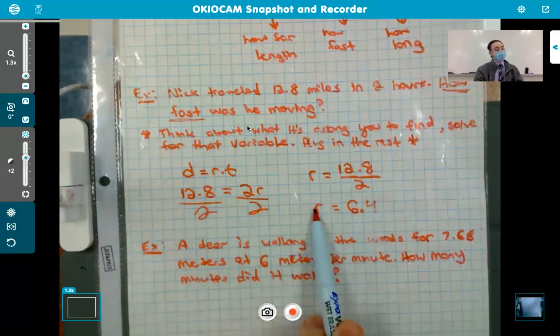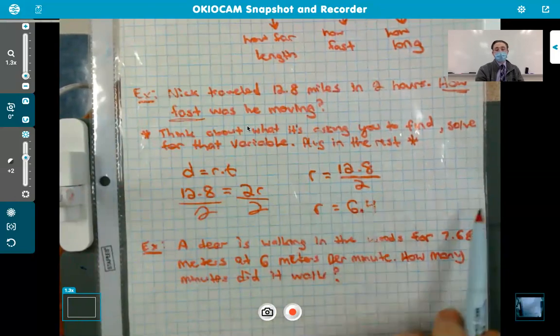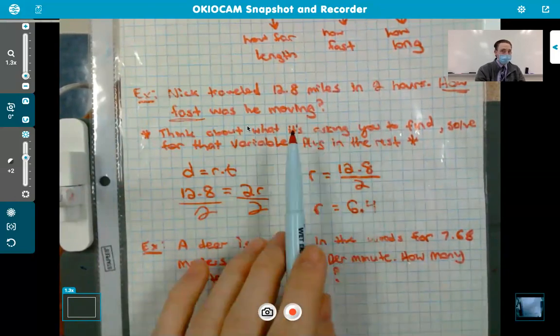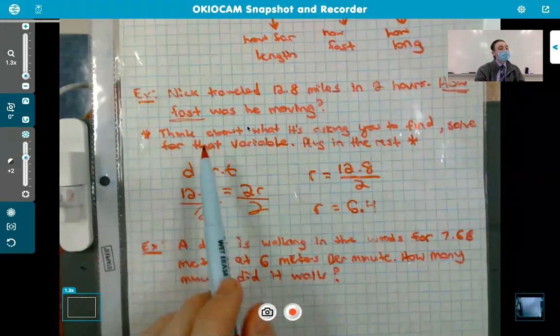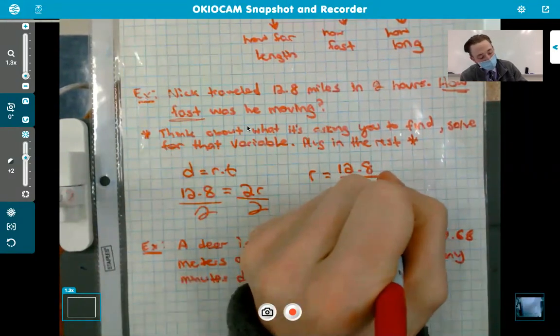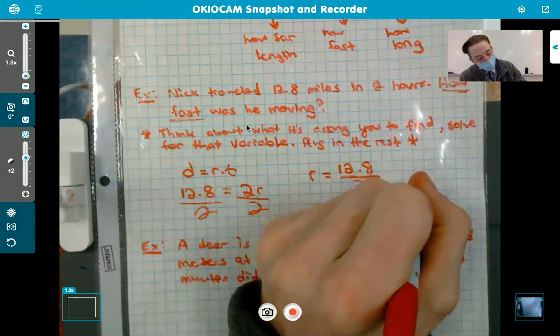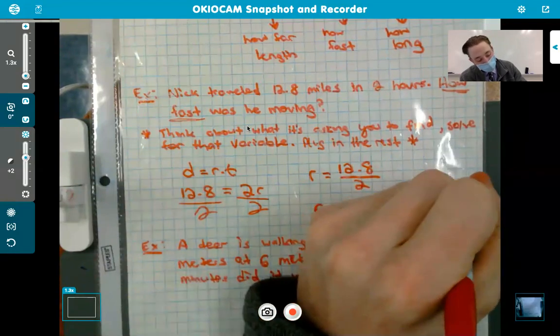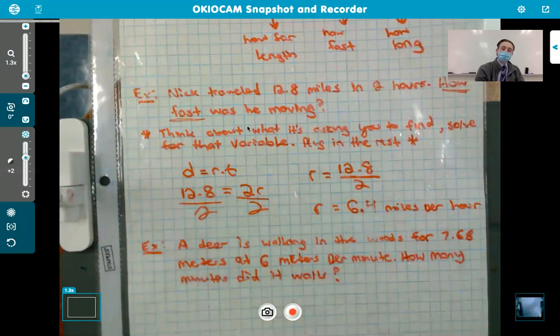So then I found my rate is 6.4. So what that's telling me is I relate it back to the situation, right? As I relate it back to the example, is that he traveled 6.4 miles per hour, right? That was his rate.